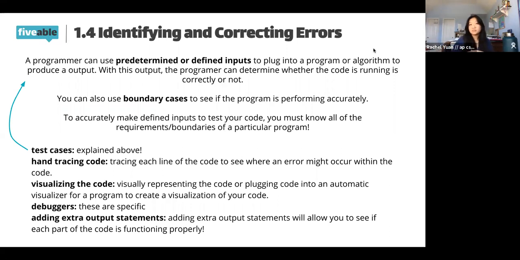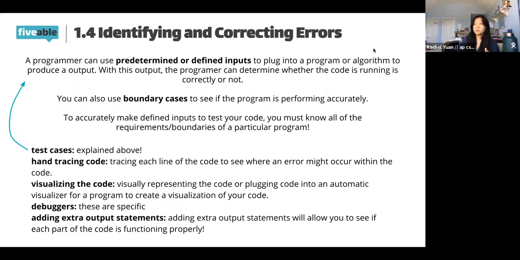Visualizing the code is when you are designing code and it's not working, you might make a graph or a flowchart of what your code's supposed to do, and then you can go through and make sure each part is working properly, and you can see errors in your logic more easily. If you were drawing a flowchart and you're like, oh, this is completely wrong, it's going the wrong way, it's going to a different output, then you can see that might be where the error is occurring in your code.